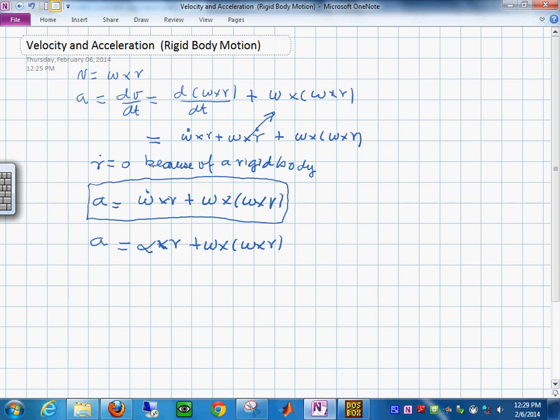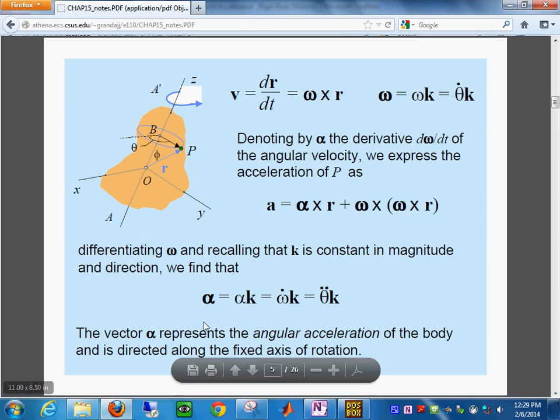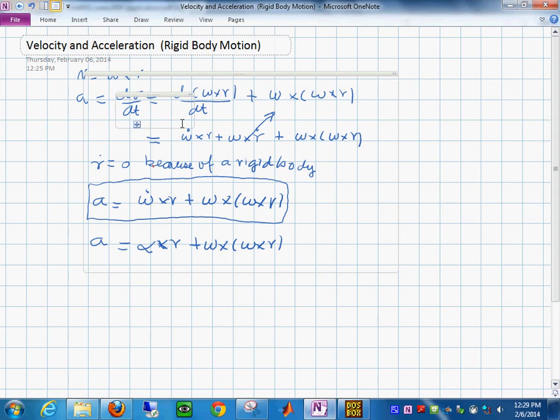So if we go back to what we were doing here, you will see this. Acceleration is alpha cross R plus omega cross omega cross R. Just wanted you to see where that came from. That's what we are seeing here using this derivation. It comes from the very concept of the velocity, and that the derivative of the velocity in fact is the acceleration.